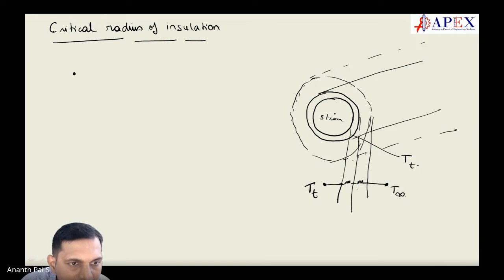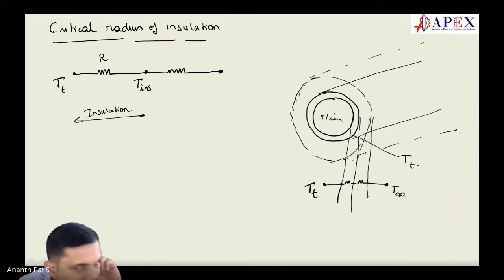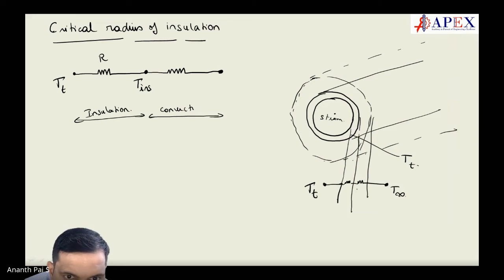So you have T of the tube, that is a wall, then you have the insulation resistance, and then you have the convective resistance. This is the T insulation at the end of the insulation. This is the insulation resistance, and this is the convective resistance. And here is T infinity.